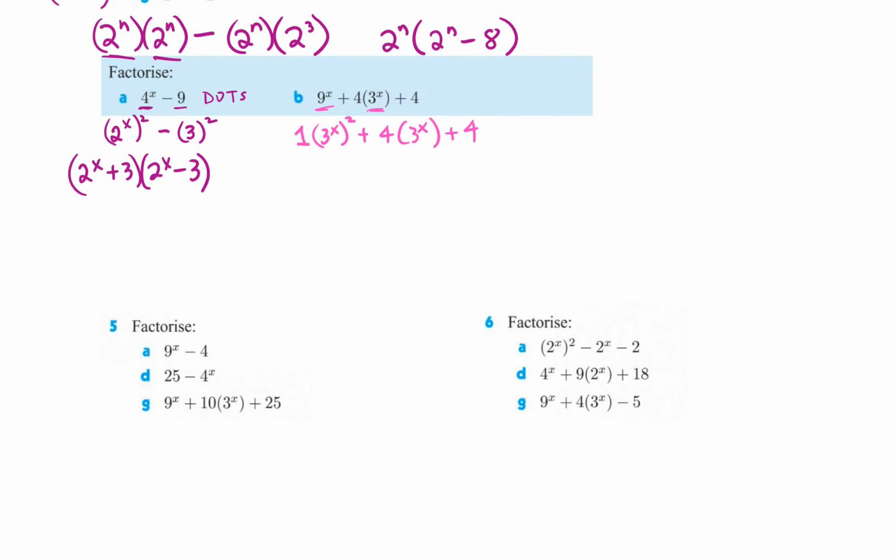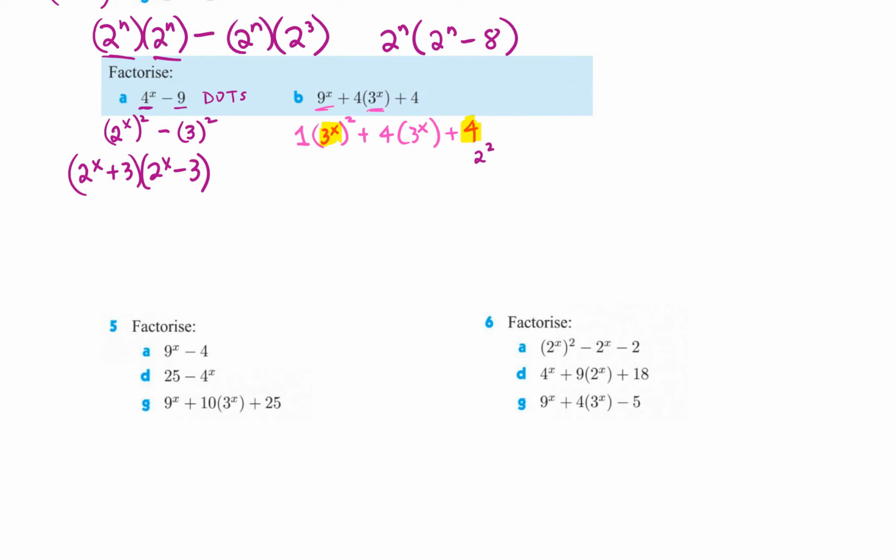Or I can try and think of this, if this is a perfect square trinomial. Is the first term a perfect square? It is. Is the last term a perfect square? It is. And is the middle term the product of 2 times each of those square roots, where that last part is 2 squared? And it is.